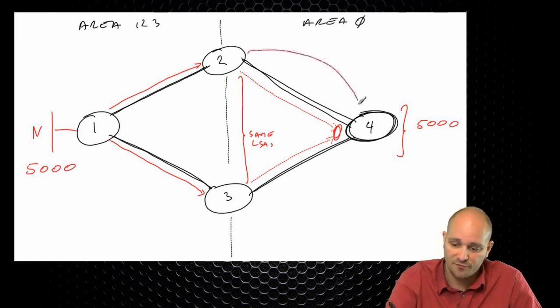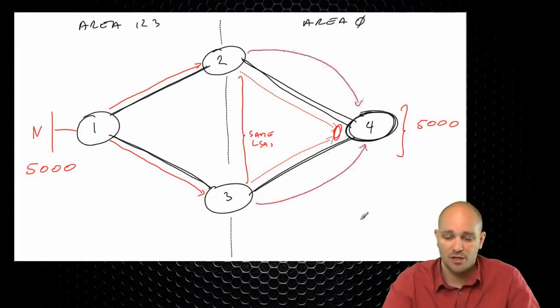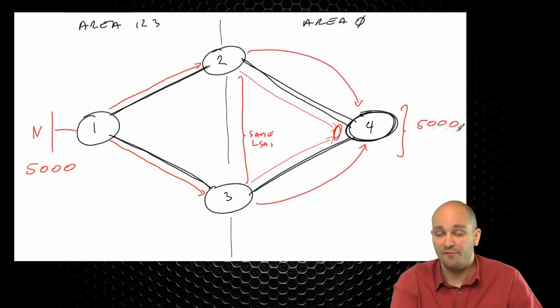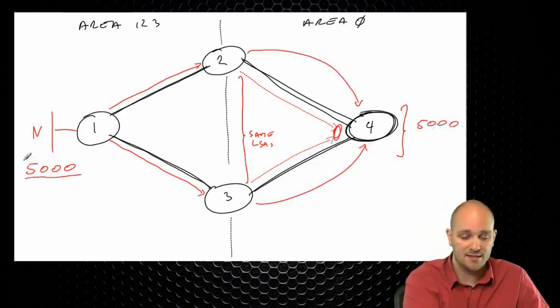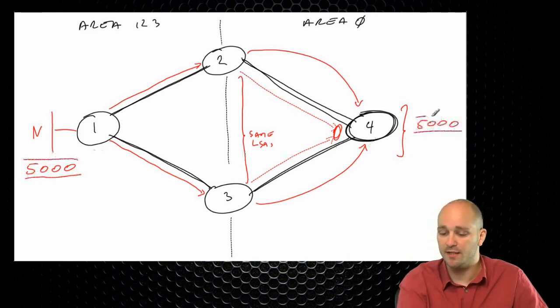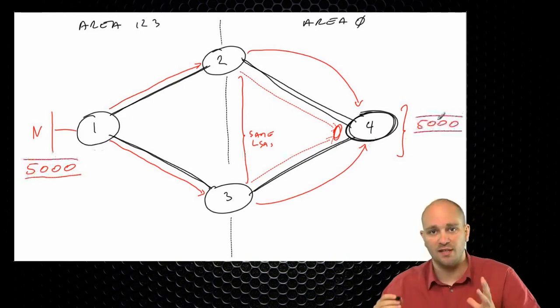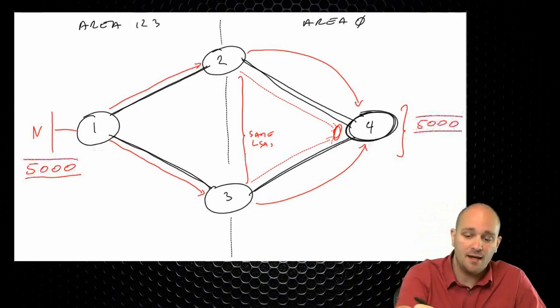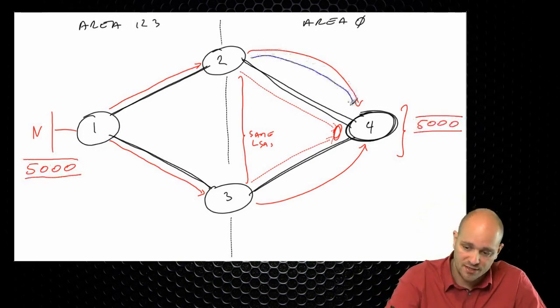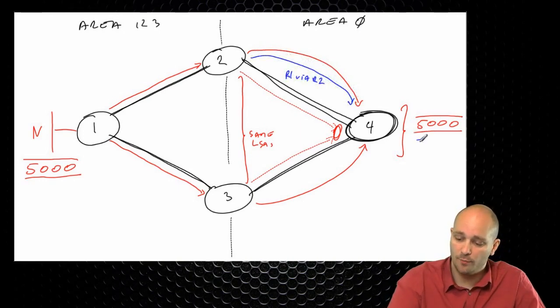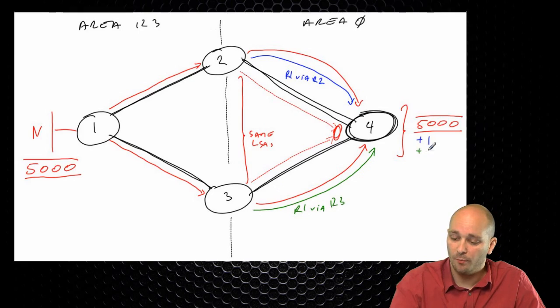So somehow this information is going to get in here, and this information is going to get in here. So I'm going to have 5,000 original LSAs somehow entered in my database here. It doesn't matter from which one of these 2 routers I learned them. Then R2 here is actually going to say that R1 is reachable through R2, so here I'm going to have +1, and R3 here is going to say that R1 is reachable through R3, so I'm going to have +1.